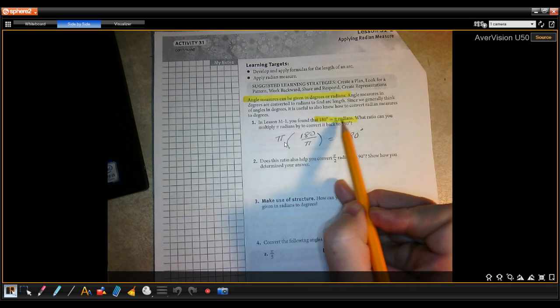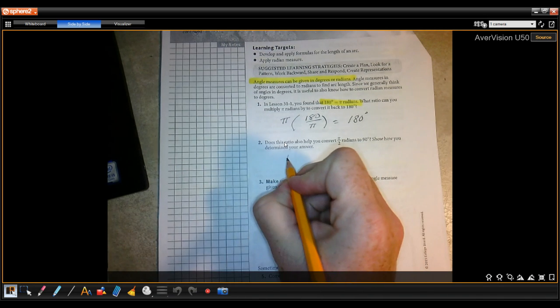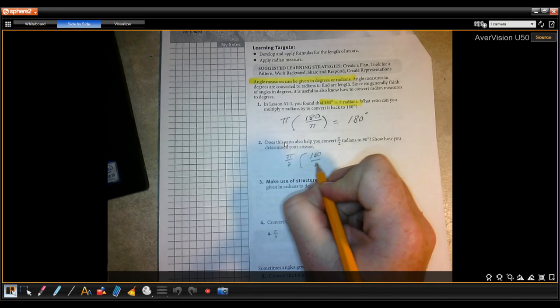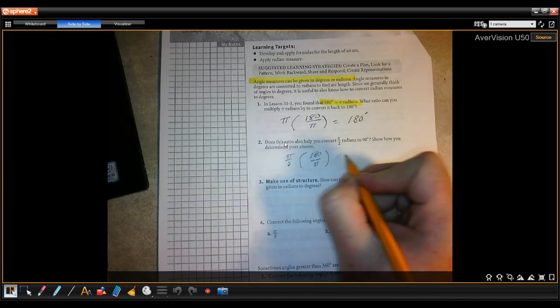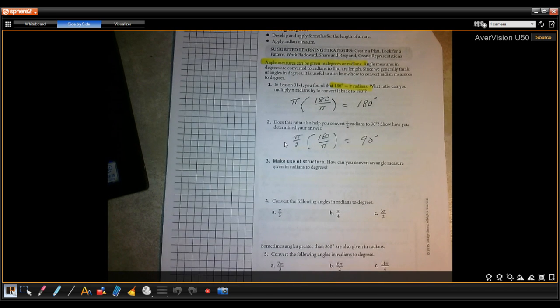So 180 degrees is pi radians, and we just proved it because this is the conversion. Then it says, does the ratio also help you to convert pi halves to 90? So if we say pi halves times 180 over pi, the pi's cross out, so you get 90. So yes.